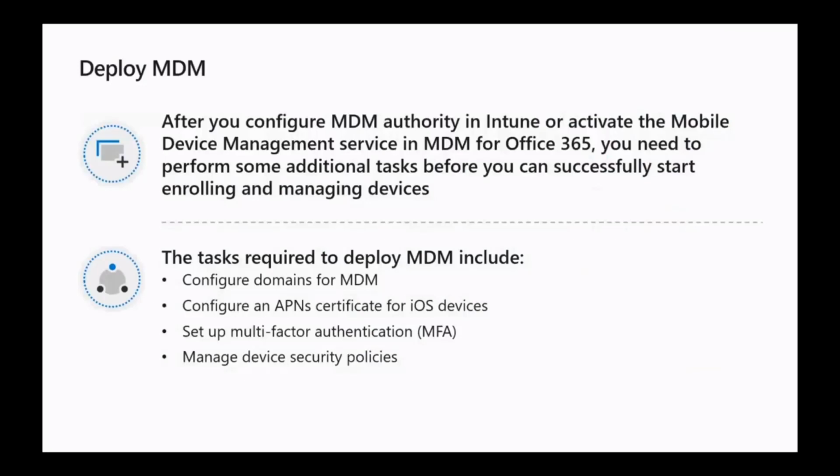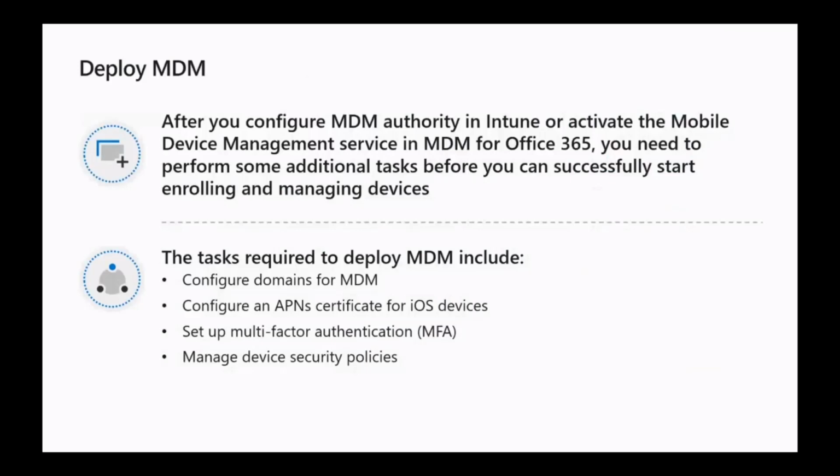The APN will be used to properly identify the devices, using the infrastructure provided by Apple for iOS devices, to send or receive information from those managed devices. Also, you can set up multi-factor authentication and decide how it is going to be applied to your devices.